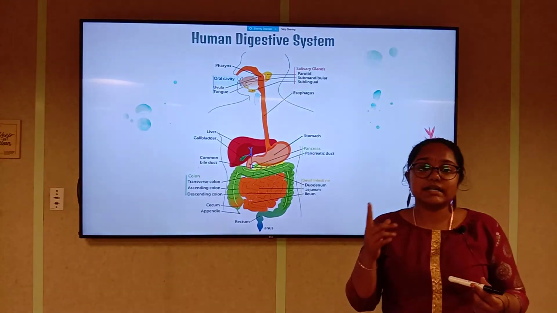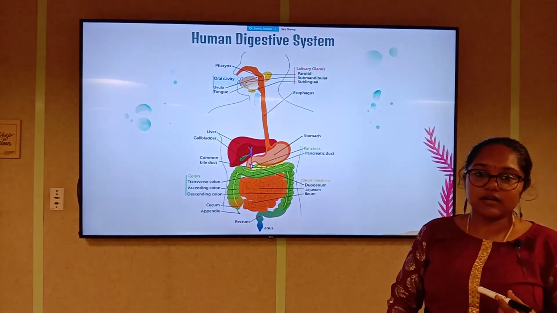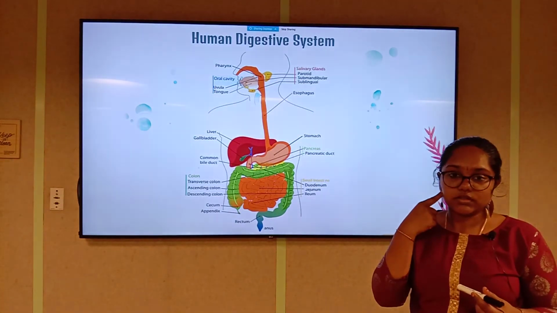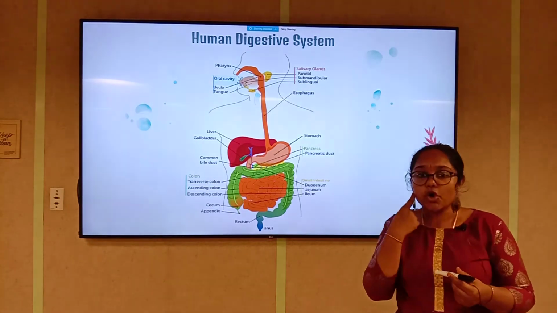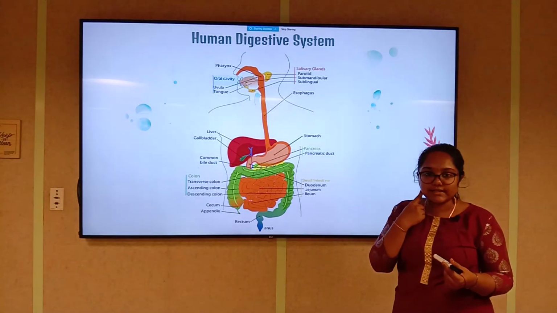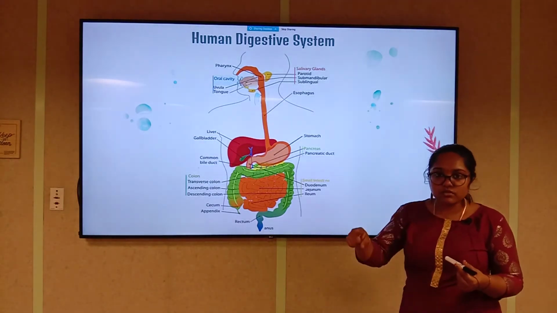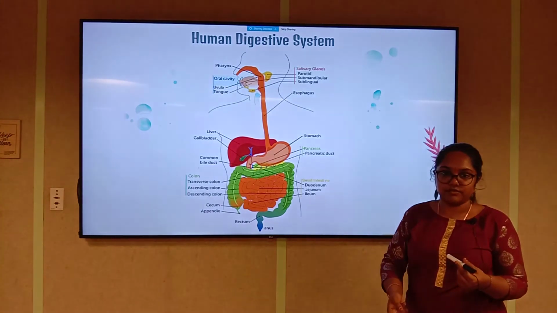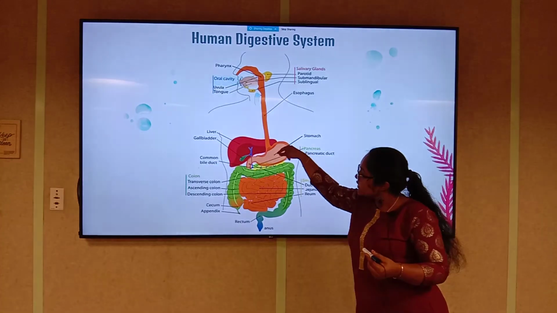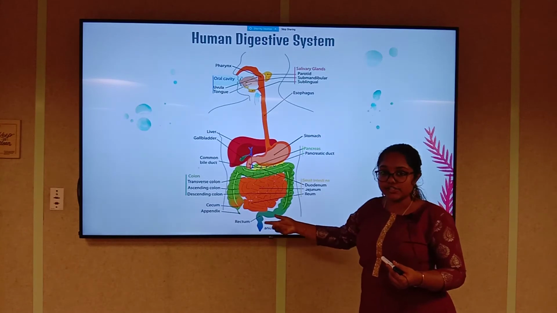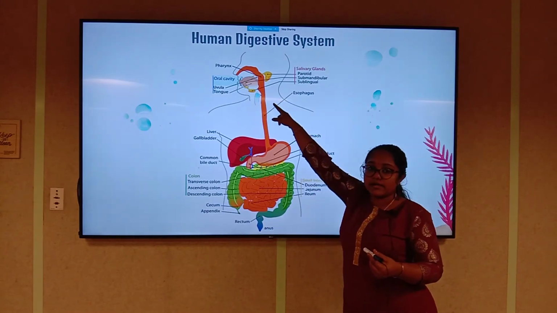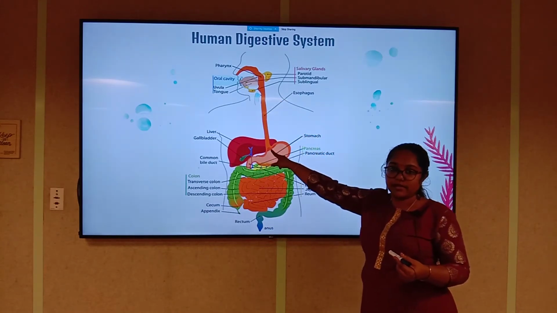Remember students, the digestion has already started in the mouth. The digestion has already started in the buccal cavity where we have chewed the food and we have masticated the food. Now it is going to the stomach for further digestion through an opening called pharynx into the food pipe. Clear?